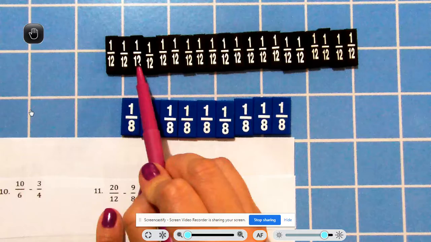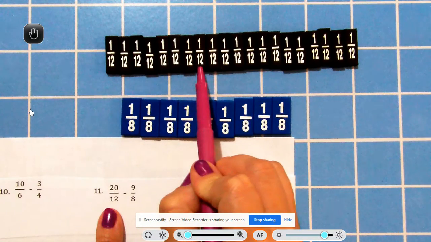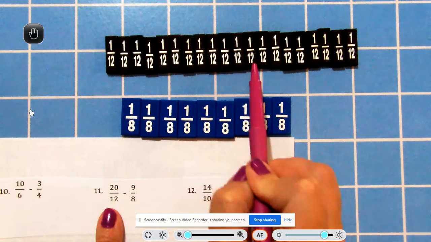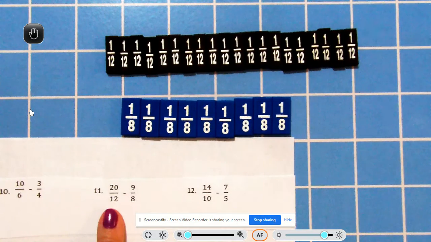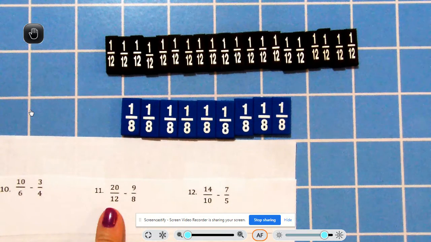1, 2, 3, 4, 5, 6, 7, 8, 9, 10, 11, 12, 13, 14, 15, 16, 17, 18, 19, 20. We have 20 twelfths pieces. It's kind of like when you were first learning to count money, and you learned that whenever you collected 10 dimes, you could cash that in for a whole dollar.